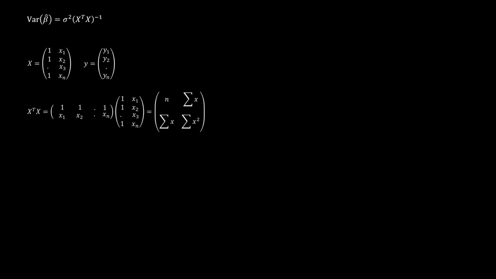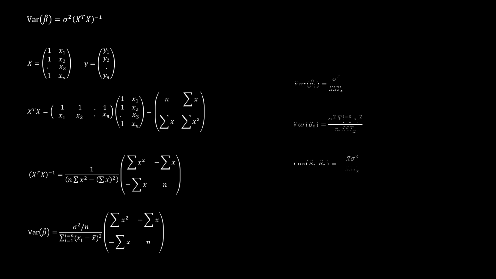Let's look at the exact form of the variance covariance matrix for simple linear regression in a slightly elaborate form. We have seen these calculations before, so I'm going to skip through the explanation. And here we get the variance covariance matrix for our beta hat vector.